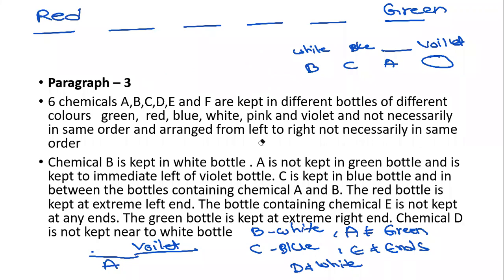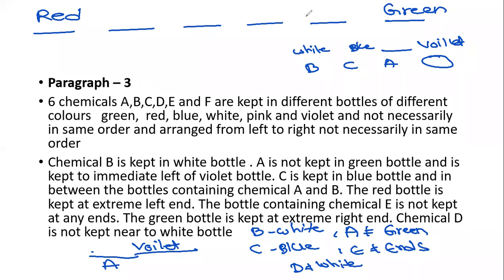Now I am trying to take this combination and place it in the proper linear arrangement. Can I start that from extreme left? Extreme left, I can't start. Why? Because red color is already there. Here B's color is white. So I can't start from extreme left. Try taking one step back and place from the second position of left side. I can place B here, C here, A here, violet color here.